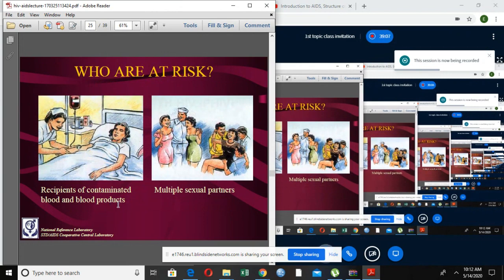Recipients of blood or blood products contaminated with the HIV virus, and people with multiple sexual partners, because you will pass the HIV and AIDS from one person to the other. And remember, this virus normally changes itself, what we call mutation. So your HIV can be different from your partner's HIV type.